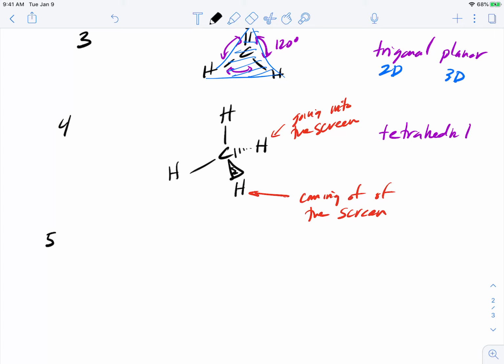Okay, if we do 5 things attached, so let's do PCl5. 3 things are attached. So it's a Cl, Cl, Cl, and then we have 5, so we have 1 coming out here, and then 1 going away here.